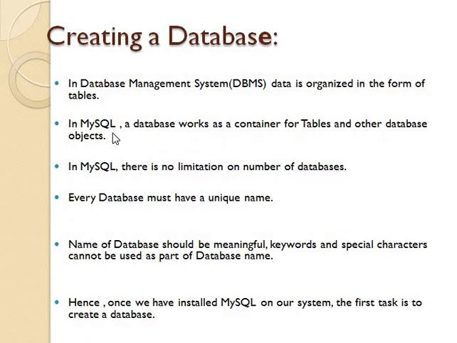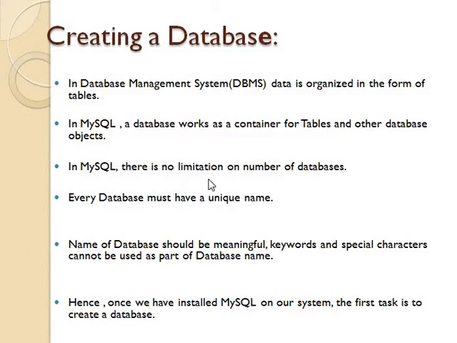Now coming back to our slide, that's why in MySQL a database works as a container for tables and other database objects. Many tables can exist inside a database. That's why a database works as a container for tables.